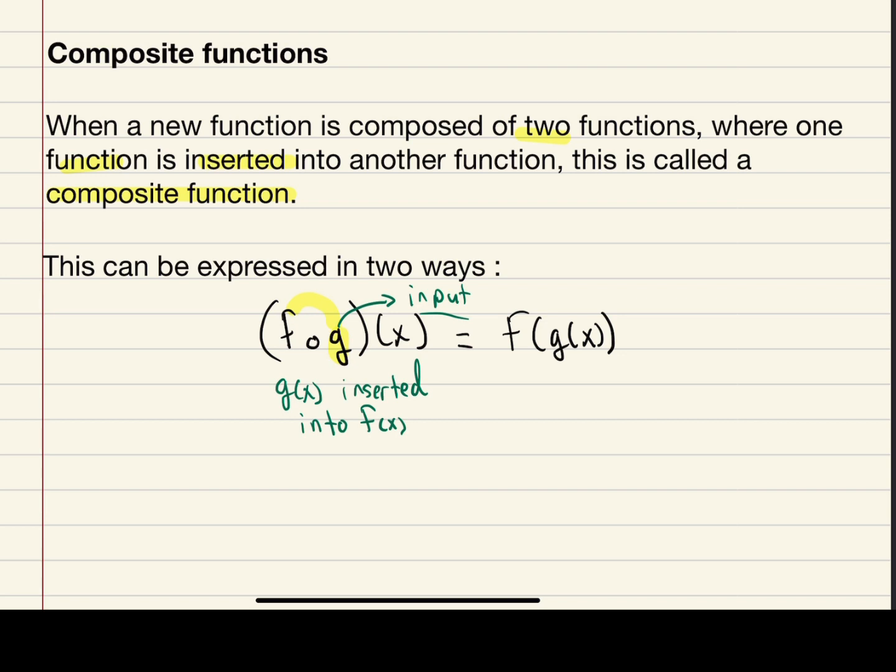Now, if I wanted to go the other way and write g of f at x, I would write g of f and then at x. And that would look like this, g f at x. In this case, this one is to the right of the bracket, so this is the input.